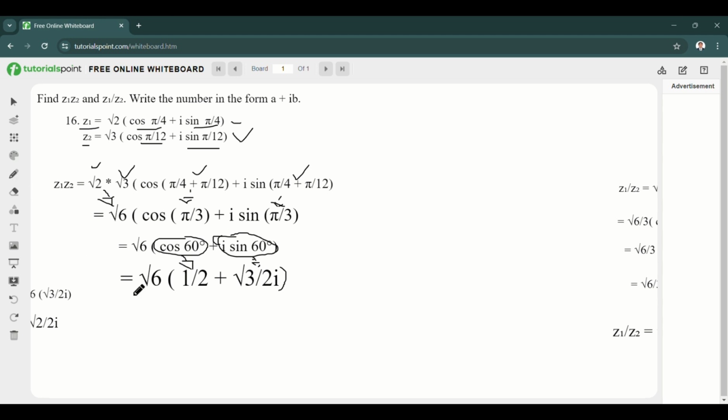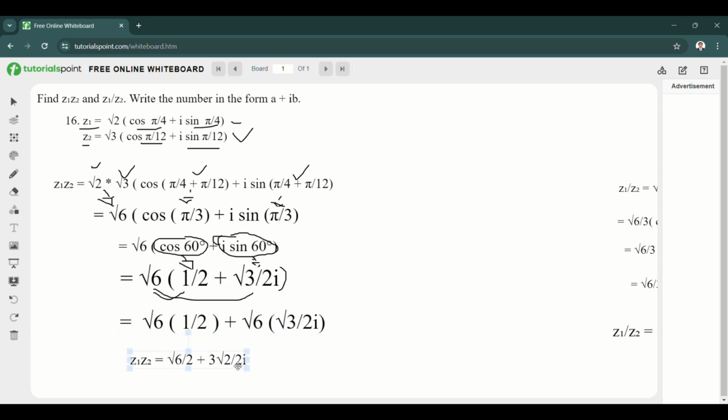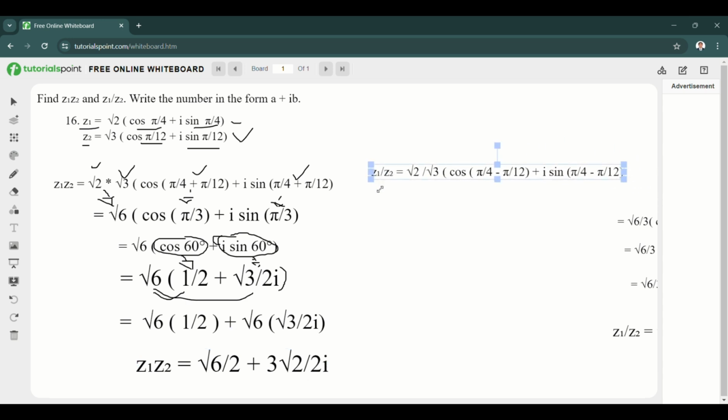After that, we need to distribute square root of 6. So this is the equation when we distribute square root of 6. So the value for z1 times z2 equals square root of 6 over 2 plus 3 square root of 2 over 2i.